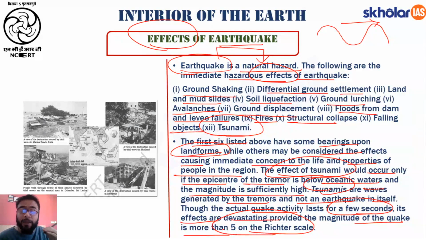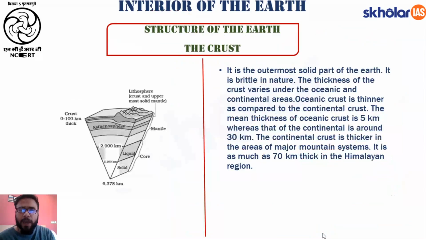So a tsunami usually occurs when the earthquake has a magnitude of more than 5 on the Richter scale. Understood? Very, very simple.